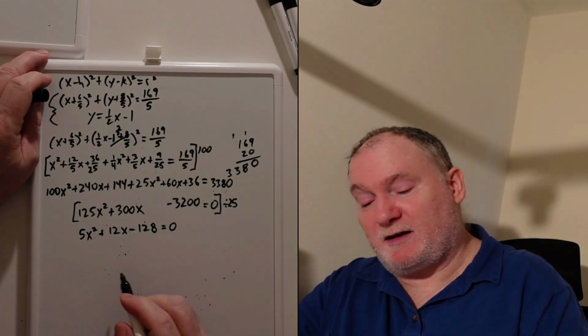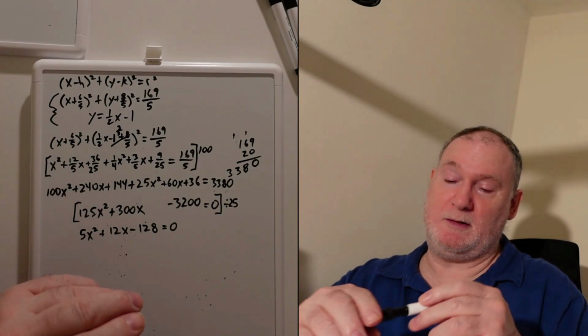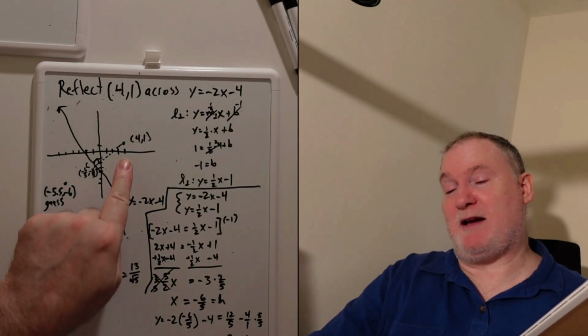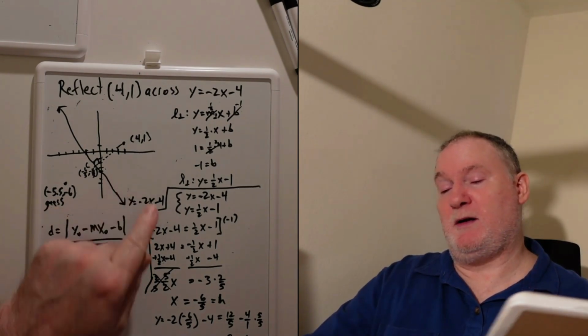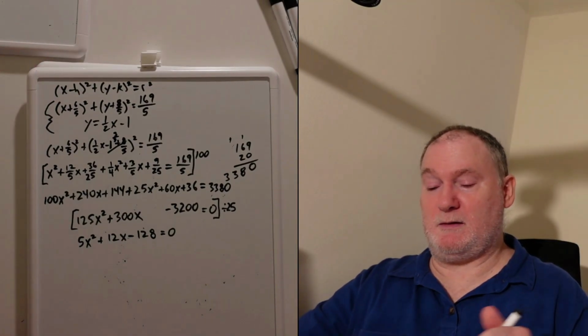I will do synthetic division on it because I know one of the roots. How do I know one of the roots? Because that is a point on the circle. So 4 is a root.